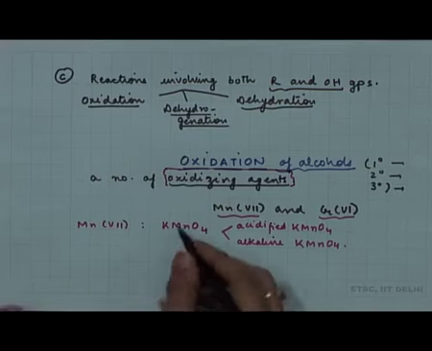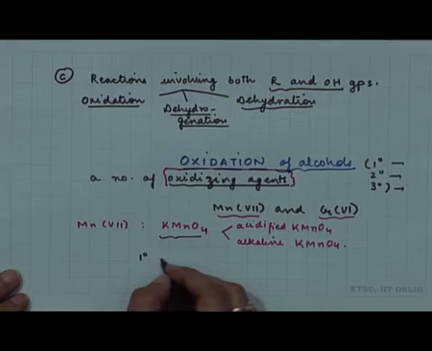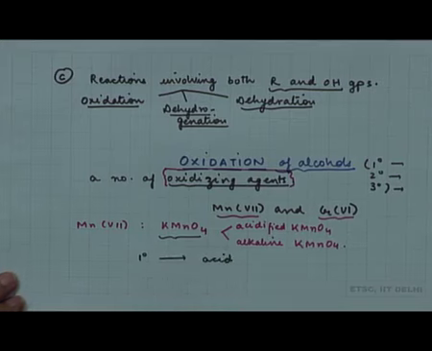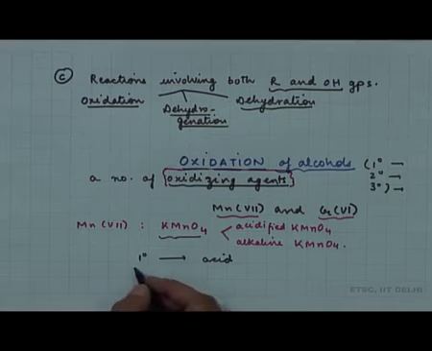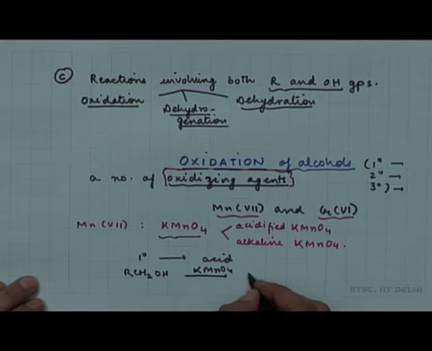Both these reagents are able to carry out the oxidation of 1 degree alcohols directly till the acid. Okay. So, if you take a 1 degree alcohol and you treat it with KMnO4, it is going to oxidize it all the way till the end, till you get the corresponding acid.